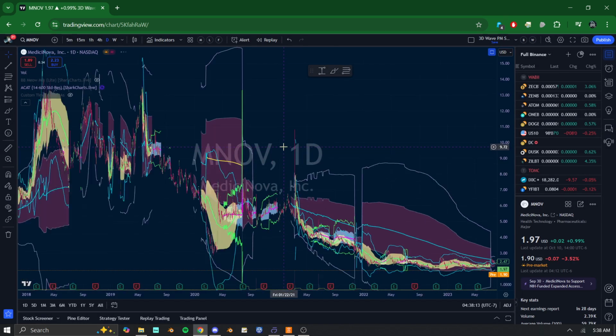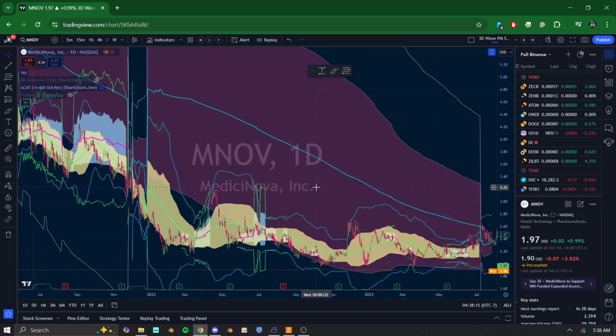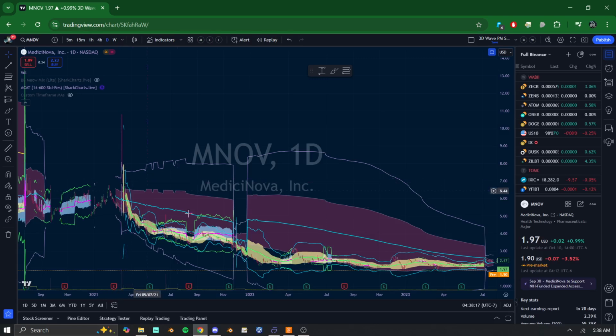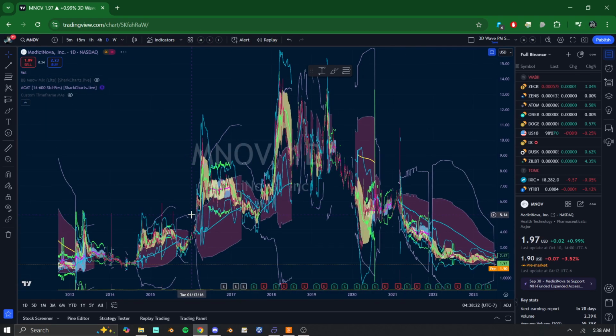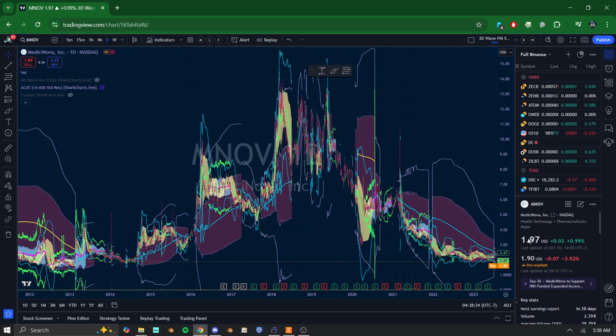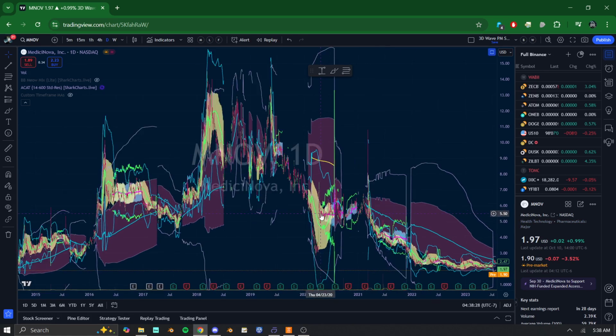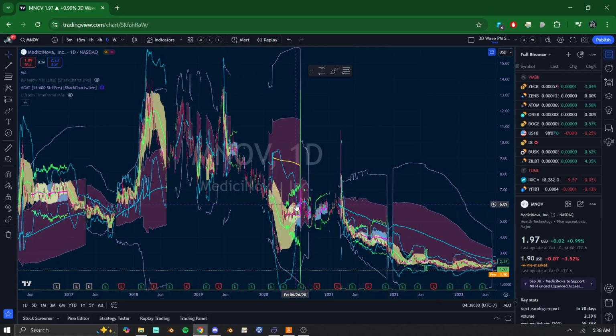I can tell immediately by seeing the drop off. Maybe it's not. I don't know. Other than the chart, it just says health technology, so I'm assuming it's biotech. Anyway, biotech is awful. I don't ever want to play it.